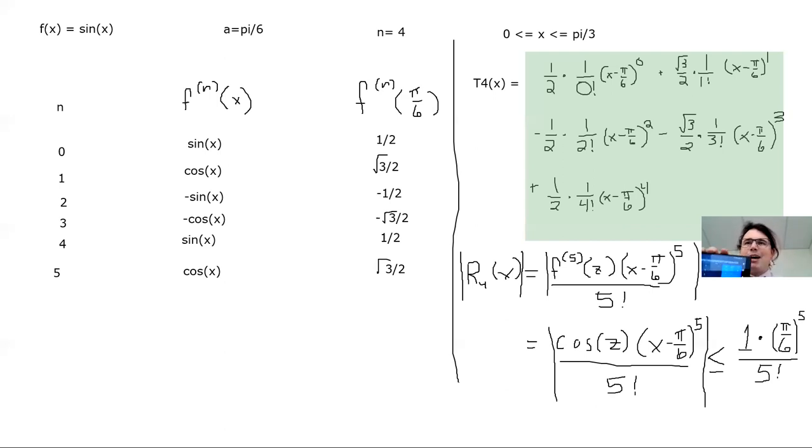Now, what I'm doing on my phone really quick here is calculating a decimal approximation of this number. So I've taken pi over 6, which is a number slightly bigger than 1/2, and I'm going to raise that to the power 6, and then divide by 5 factorial, which I know is the number 120.